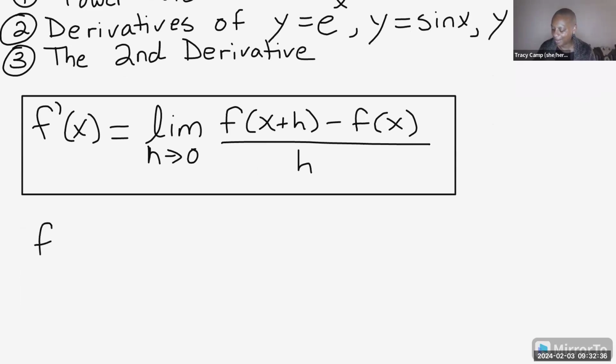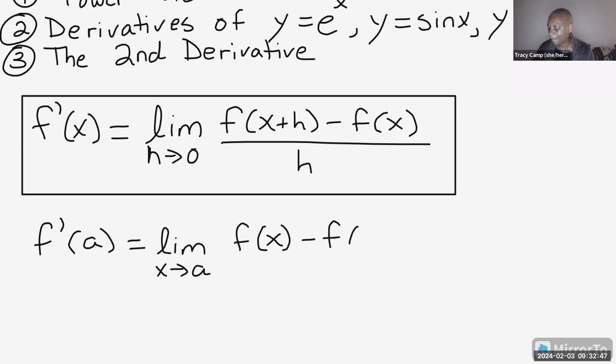This one, f prime of a, is the limit as x approaches a of f of x minus f of a over x minus a.